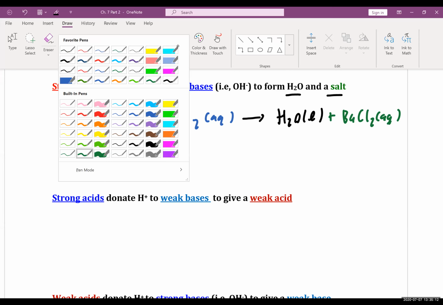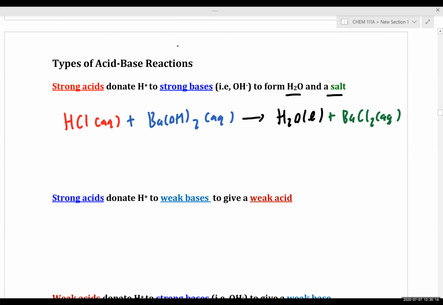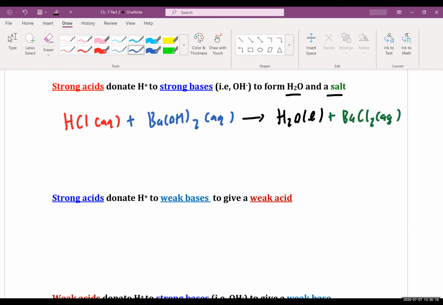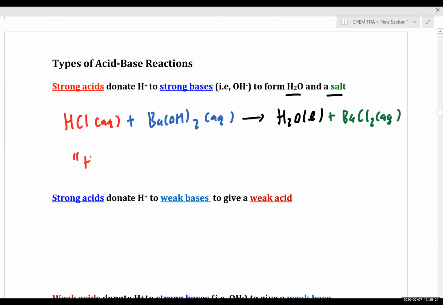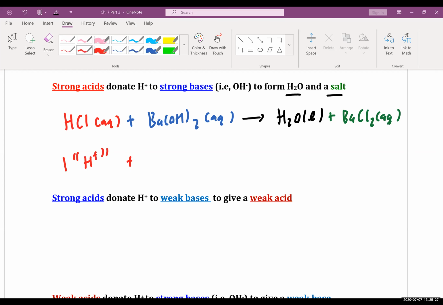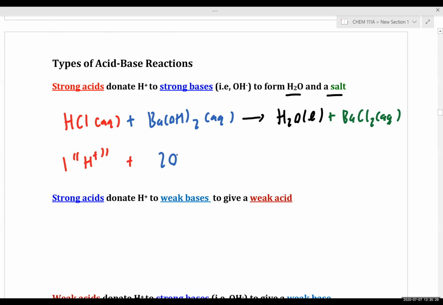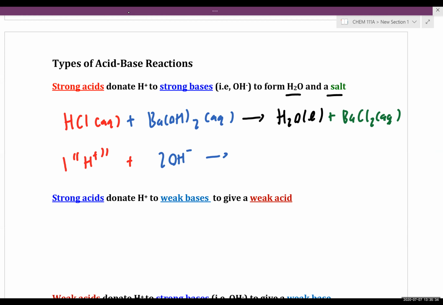Now, one thing that's very useful to balance acid-base reactions is to think about acid-base reactions in terms of H plus equivalents. So I have one H plus equivalent in HCl, and I have two OH equivalents in barium hydroxide.